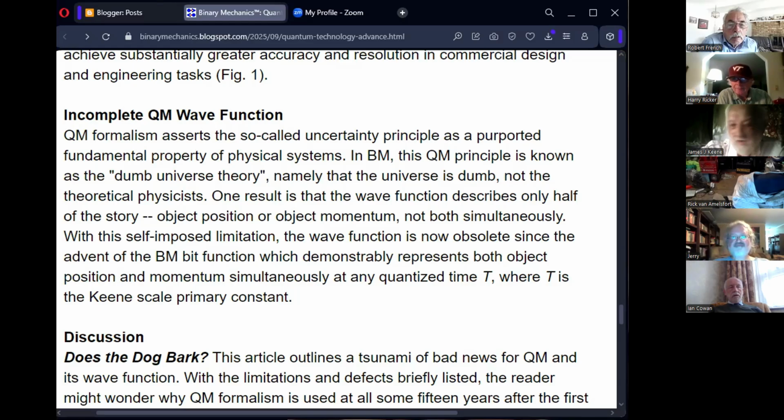Nope. Oh, that's the nice thing about binary mechanics. You say, what does binary mechanics have? It has one states, quanta. That's it. It doesn't have anything else. If the graviton exists, it must be some pattern of one states. Okay.